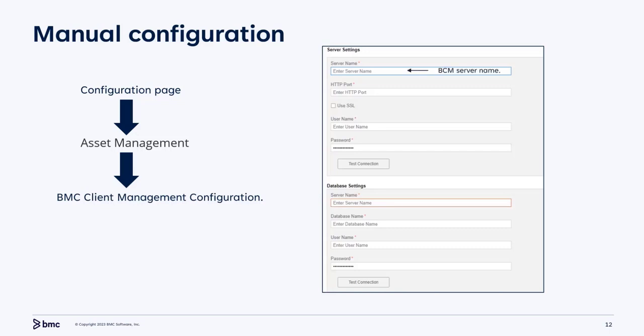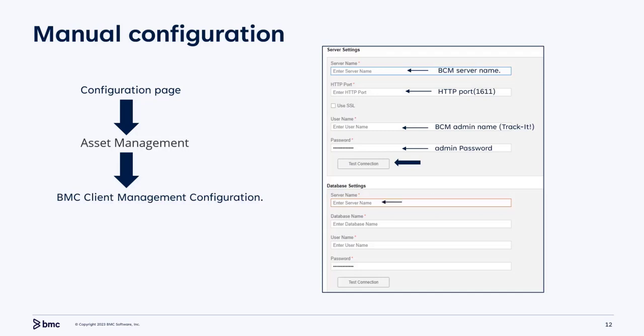You could proceed by inputting the BCM server name, followed by HTTP port that connects to BCM server. By default, it is port 1611. Then provide the BCM admin username. Again, by default, it's Trackit user, and credentials to connect to the Trackit account. Test connection to verify the connection between BCM and Trackit is established.